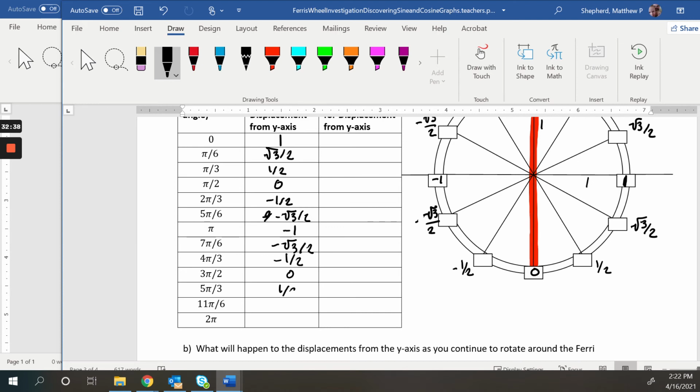Zero, and now we're going forward. And we've reached the very front again. And once again, square root 3 over 2 is just about 0.87.